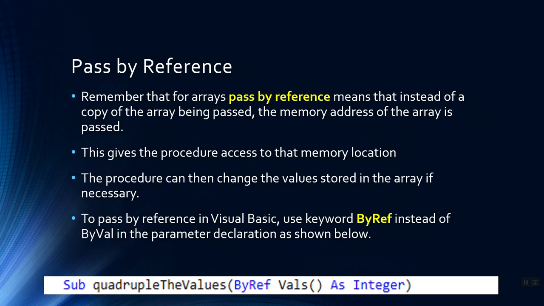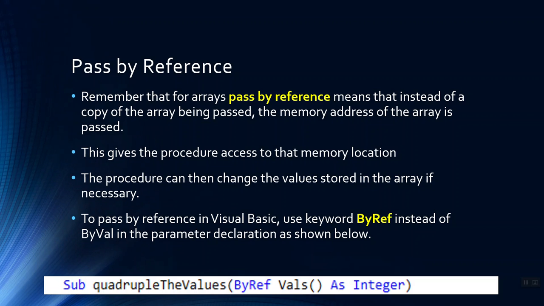When we pass by reference, it means that instead of taking a copy of the value being passed, the actual memory address of the variable is passed. So putting this in context of an array, which is what we're going to use in our example, when we use ByRef, which stands for by reference, we're actually passing the memory address of the array to the second procedure.